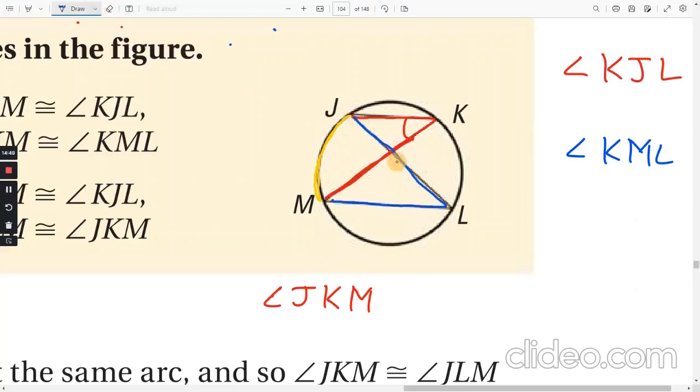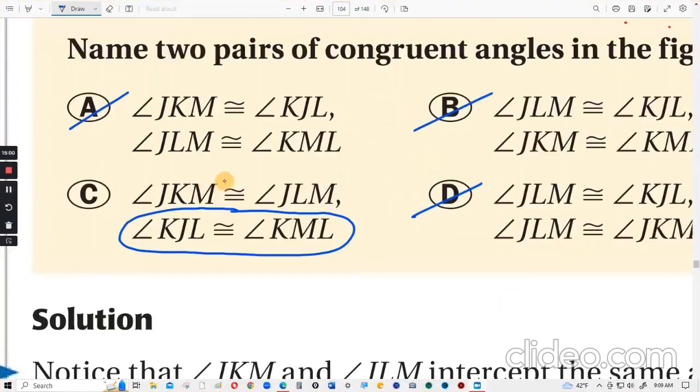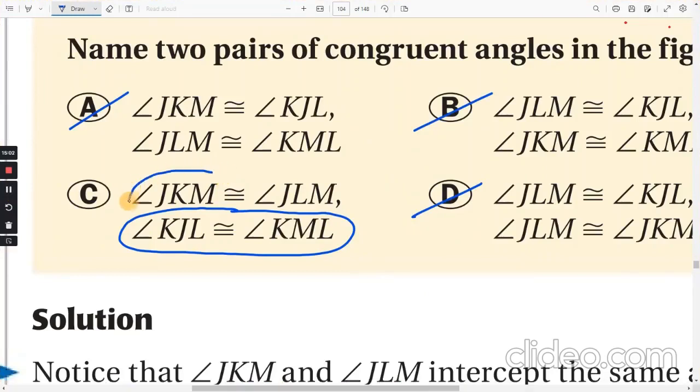That is JLM. So let's see if we have it. Right here, JKM is congruent to JLM. We crossed the other answers out, so it's definitely answer C.